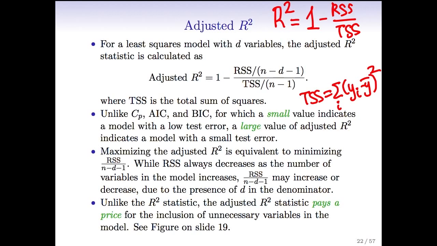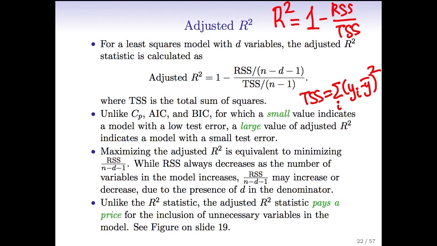The way that it does this is by adding a denominator to RSS and to TSS in this ratio. So instead of just taking 1 minus RSS over TSS, we take 1 minus RSS over n minus d minus 1, divided by TSS over n minus 1, where again, d is the number of variables in the model that we're considering.